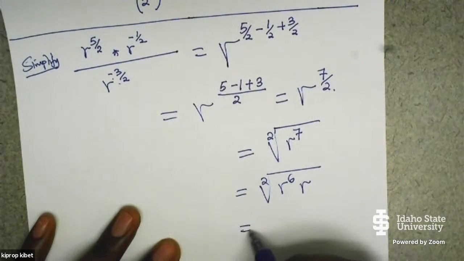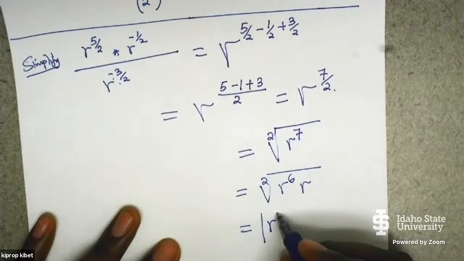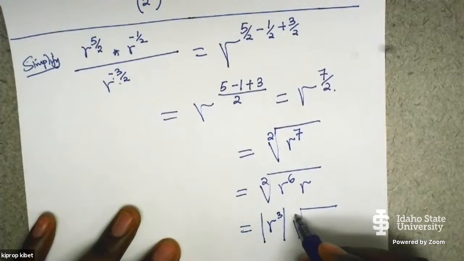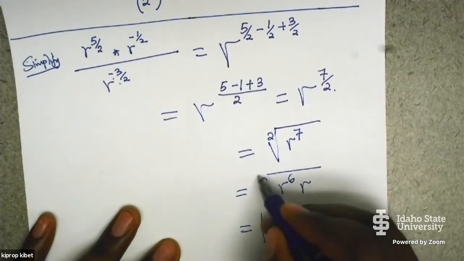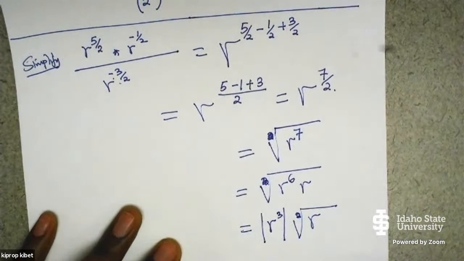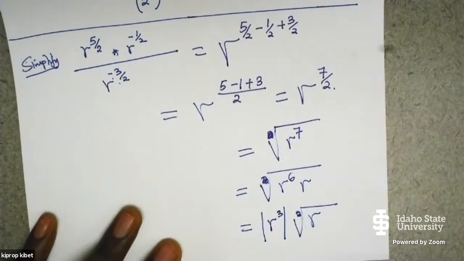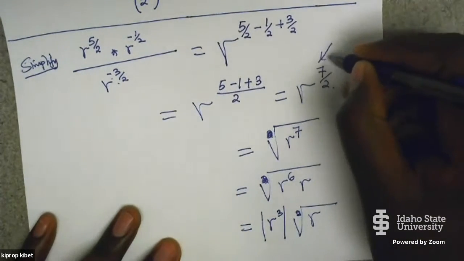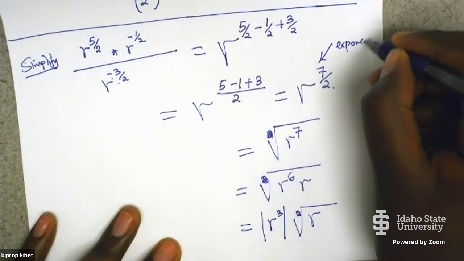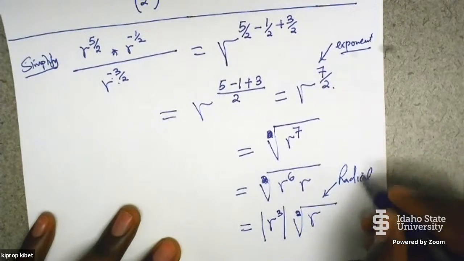And this is equals to the absolute value of R raised to 3 and then the square root of R. Actually, you don't have to put the absolute value there. So you can be told to write it in radical form or in exponent form. So this one is in exponent form, and this one is in radical form.